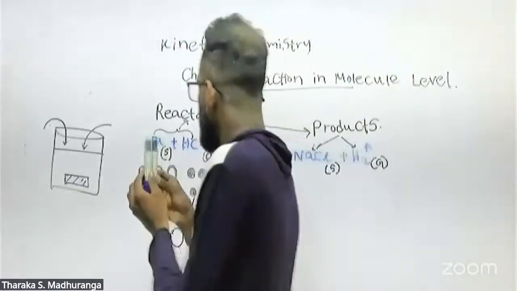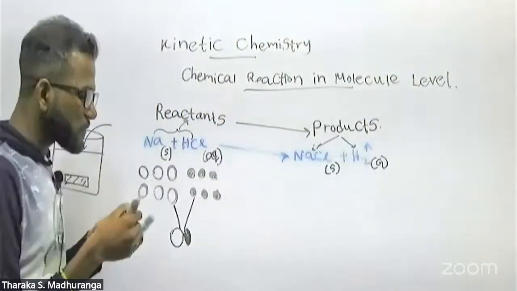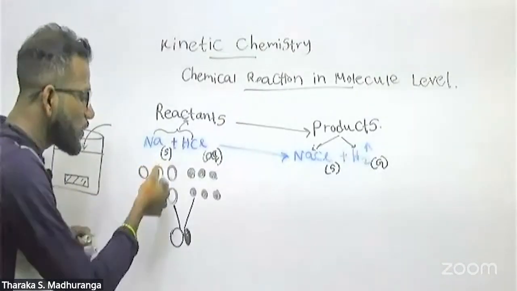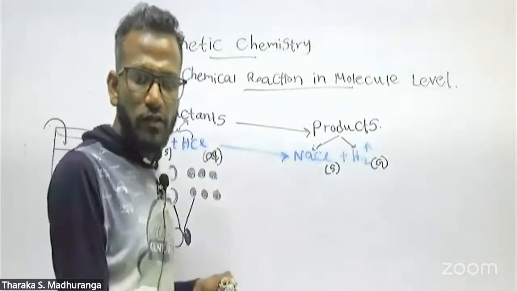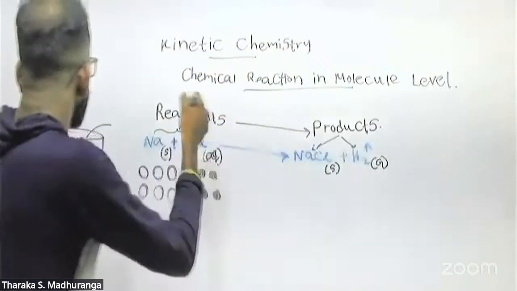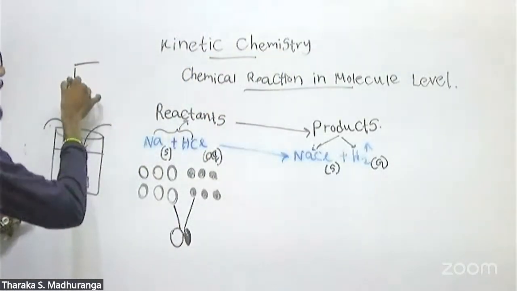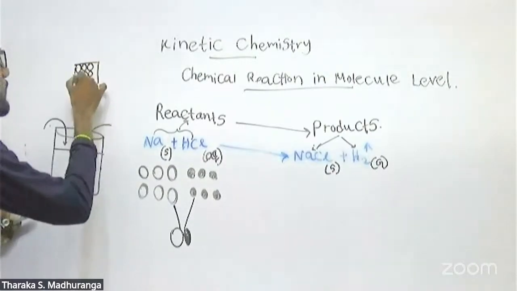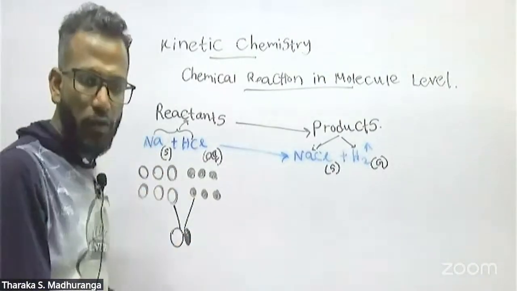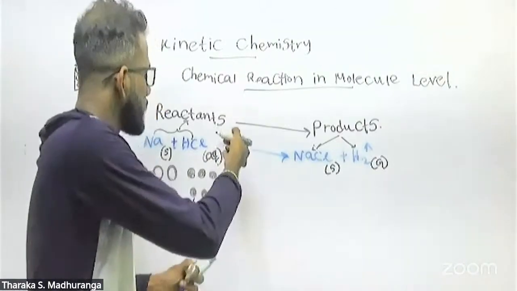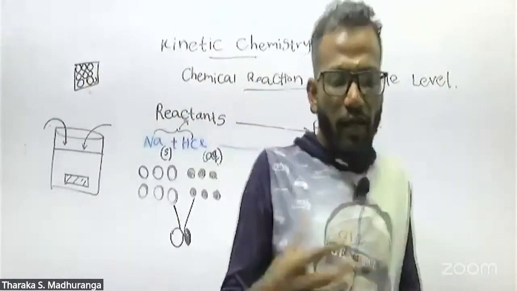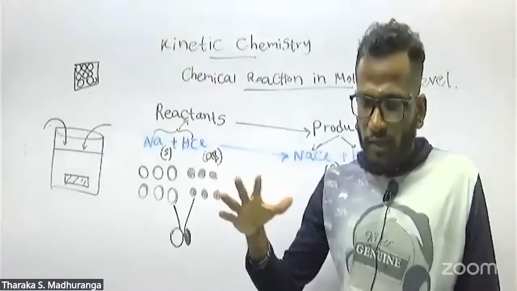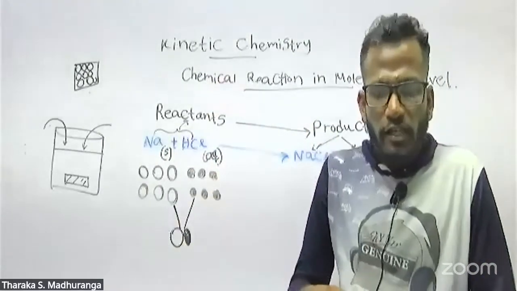Now you can see this sodium. Sodium is a solid. Solid means, I think you remember, they have very strong bonds between molecules. Very strong bonds. Think of HCl as aqueous, but the structure is the same as liquid.